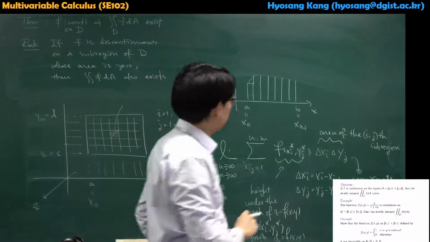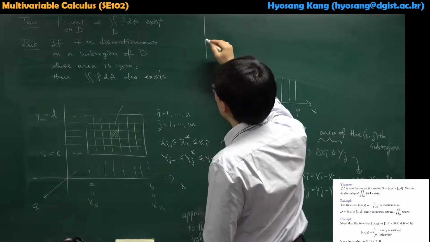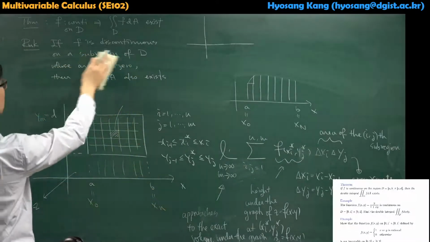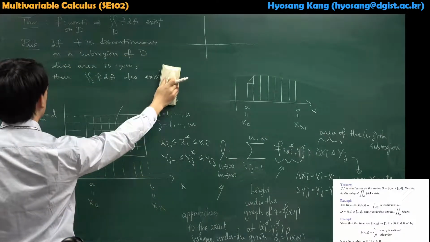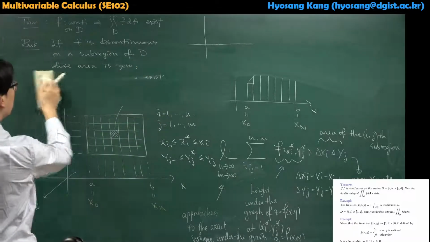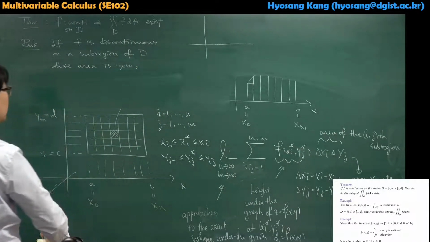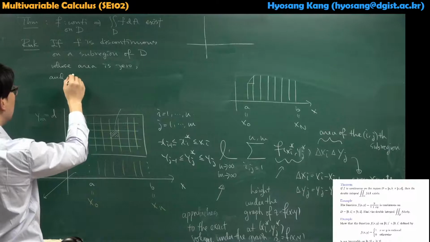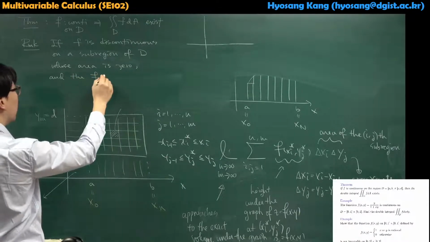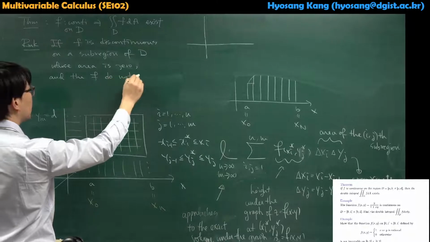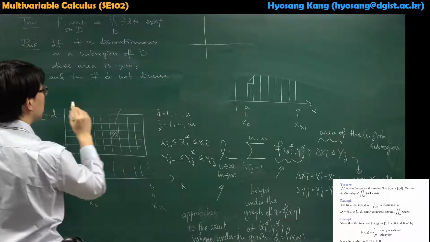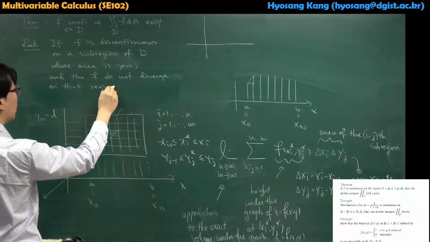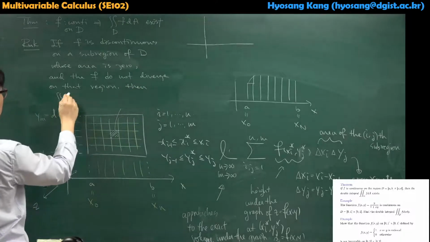What it means is that suppose I have a function. Oh, maybe I need a very important notion here. Not just discontinuous on a region whose area is 0, but f also does not diverge on that region. Then this integral exists.